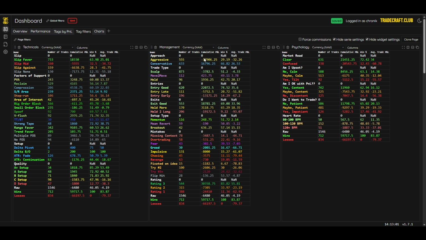Defended three times. Trying top of range for target. Reclaim advantage, my entry. I'm noticing there is a reclaim advantage.